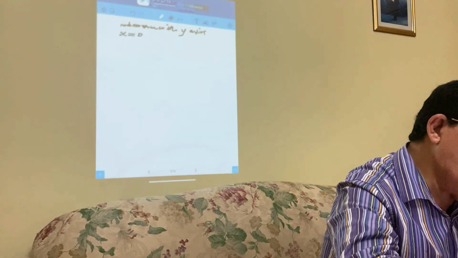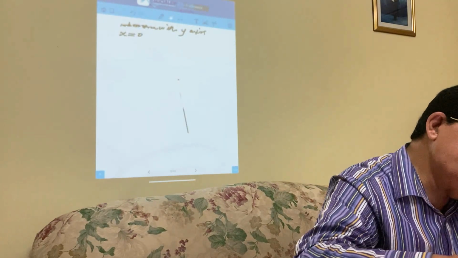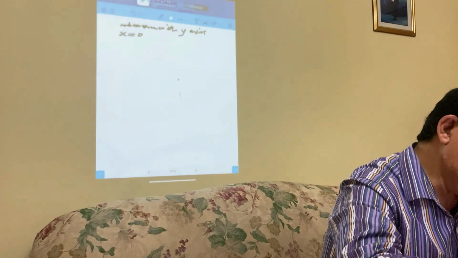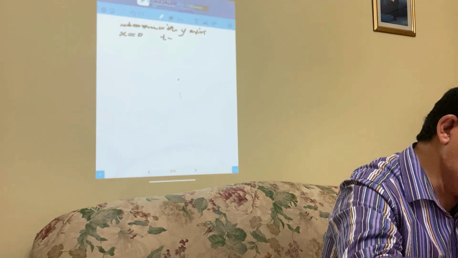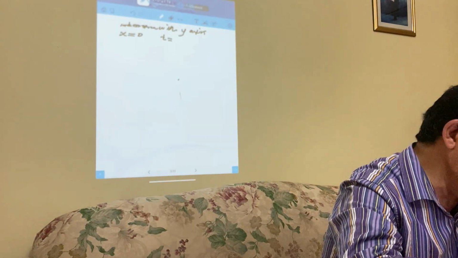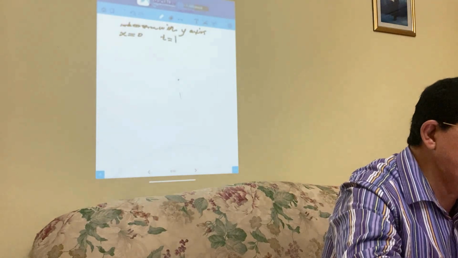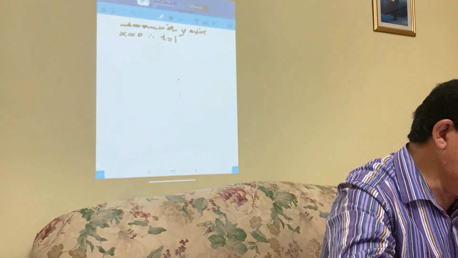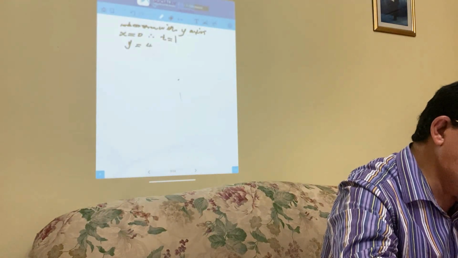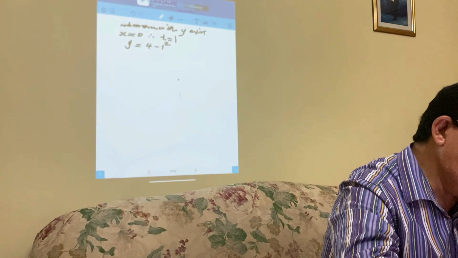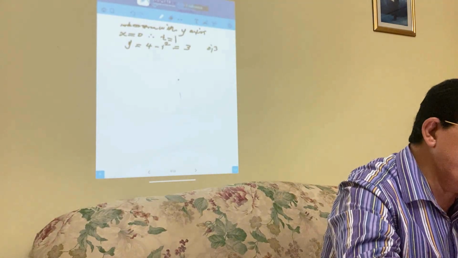If we put x equals 0, then t minus 1 equals 0, and t equals 1. If t equals 1, then the value of y equals 4 minus 1 squared, which is 3. Here the point is (0, 3).